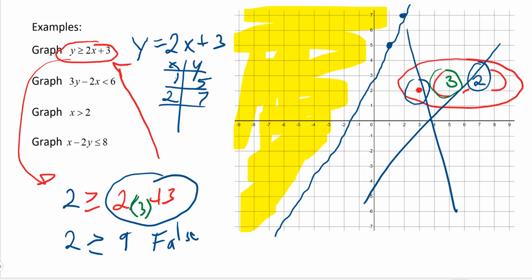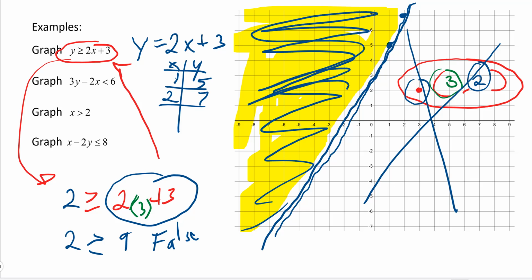So when it's false, you shade in the other side. So the final answer to this question, which is a graph, is every point that is on the line and also every point that is on the left side of the line. That is the final answer.